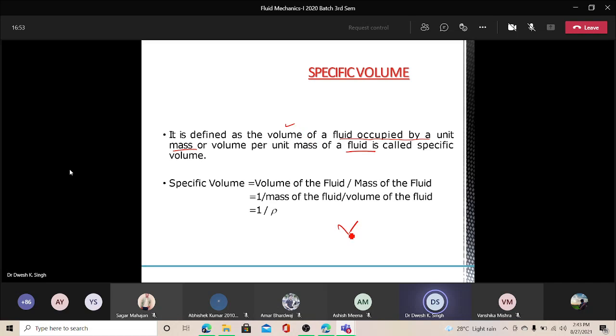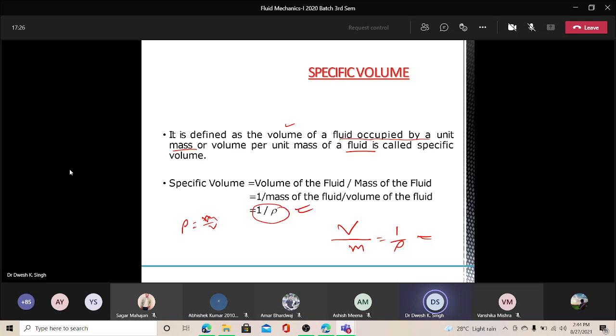It is just like the inverse of density, because we know that density is mass per unit volume. So specific volume is the volume of the fluid divided by the mass of the fluid, the reverse of density. Volume per unit mass, in a single sentence.